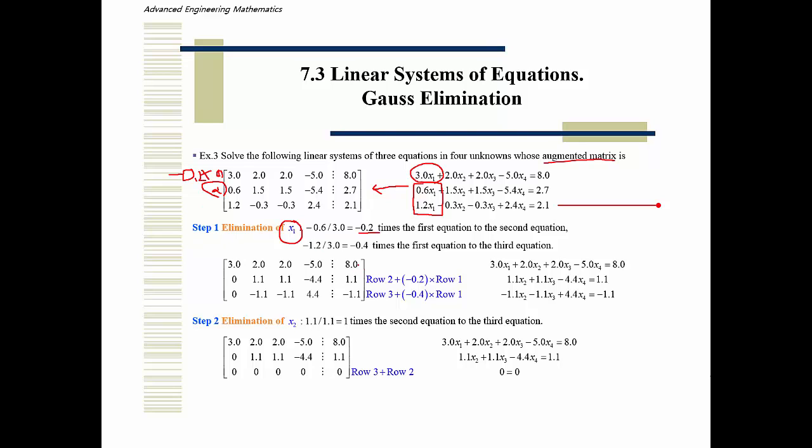And for the third equation, minus 1.2 here and 3.0 here, we divide this digit by this digit, which makes minus 0.4 times the first equation to the third equation. Row 2 plus minus 0.2 multiplied by row 1. Row 3 plus minus 0.4 multiplied by row 1.